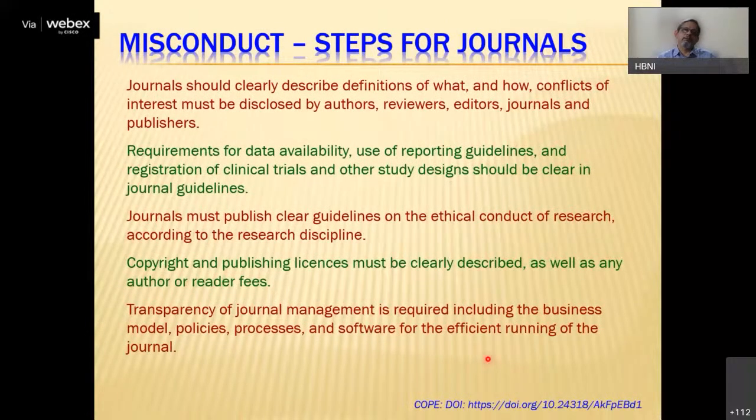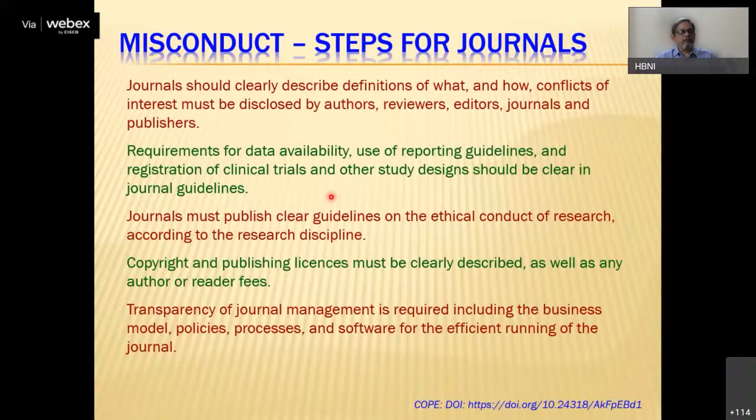And then journals should clearly describe definitions of what and how conflicts of interest must be disclosed by authors, by the reviewers, by the editors, by the journals themselves, and the publishers. So each entity here, which I've described, must have a clear definition of conflict of interest declaration.